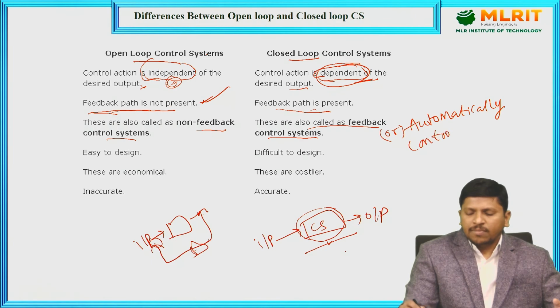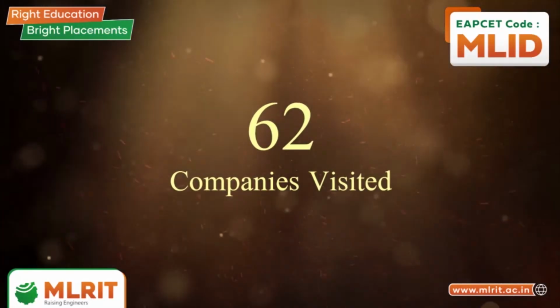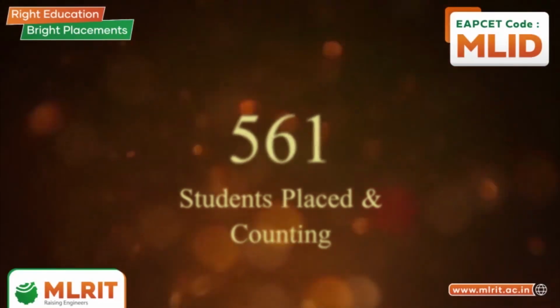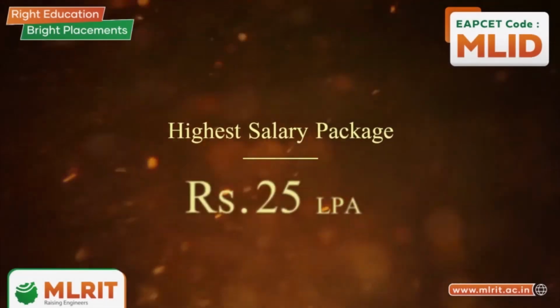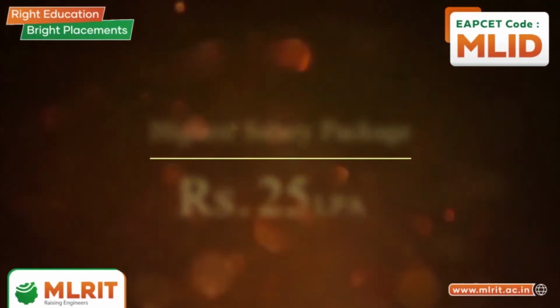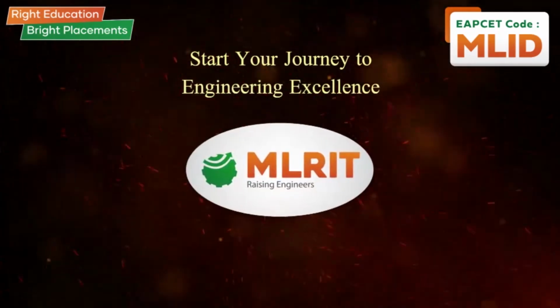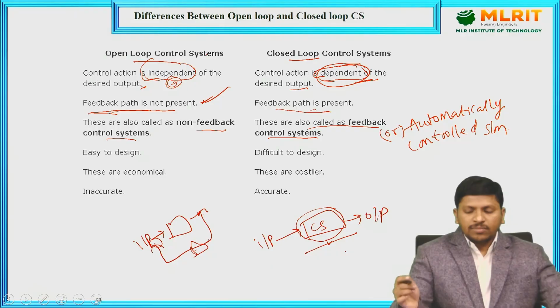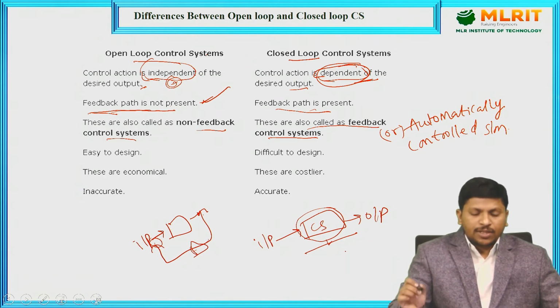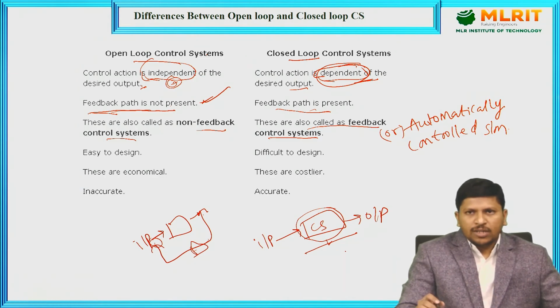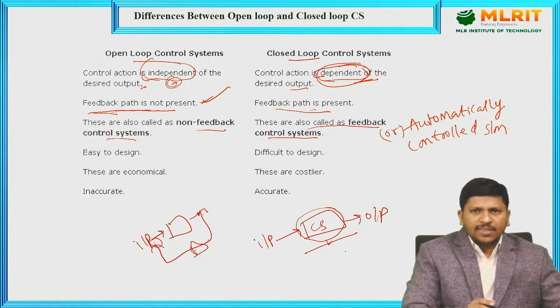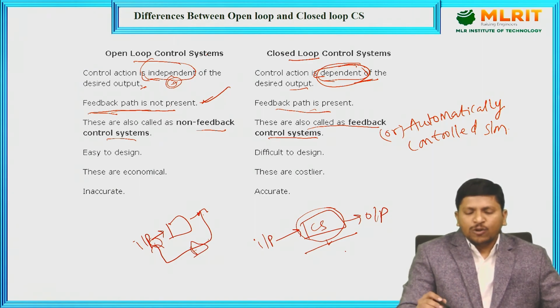automatically controlled system. So the open loop control system's other name is the non-feedback control system, and the closed loop control system's other name is the automatically controlled system, or feedback control system.